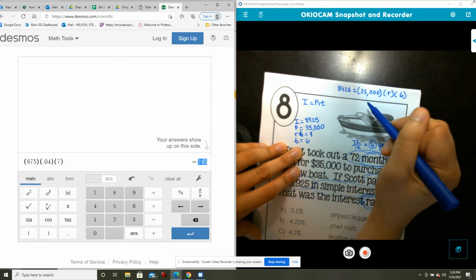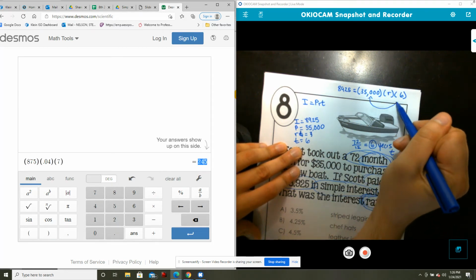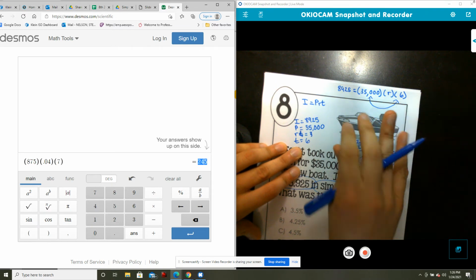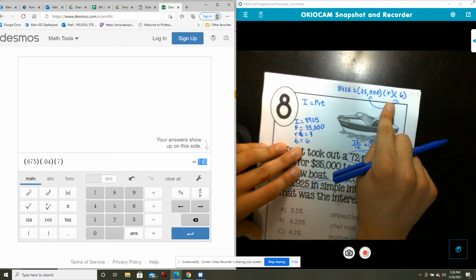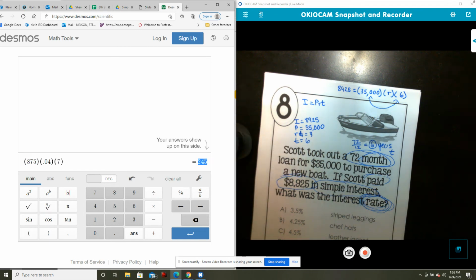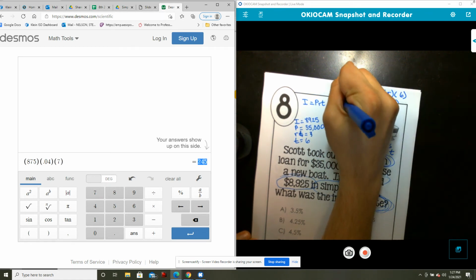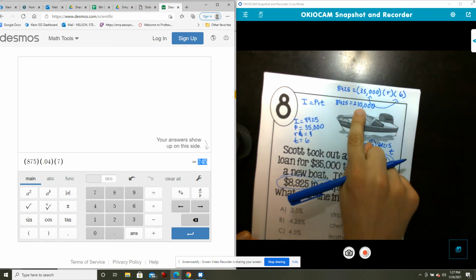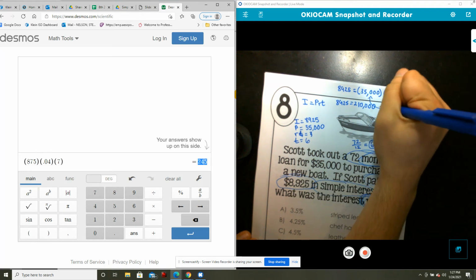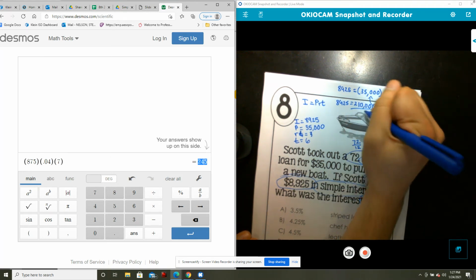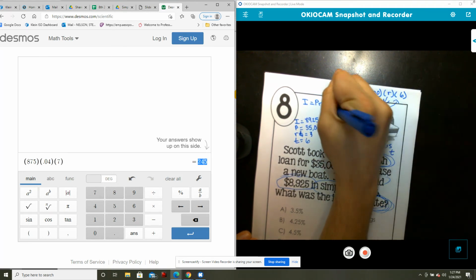So again, you're going to multiply these two together. So you're solving equations now. It's going to be 35,000 times 6, which is 210,000. So 8925 is equal to 210,000 times r. Let's carry down our r, then divide by 210,000, divide by 210,000.